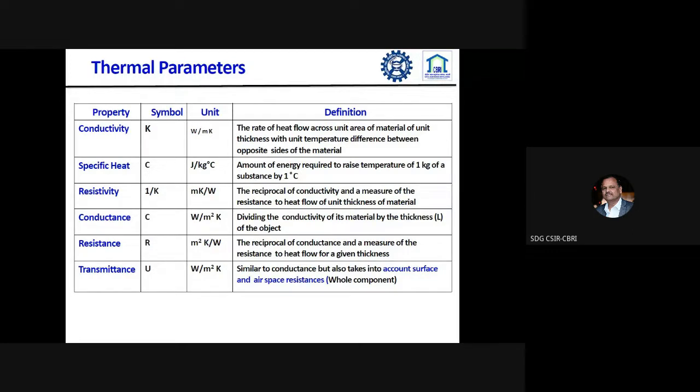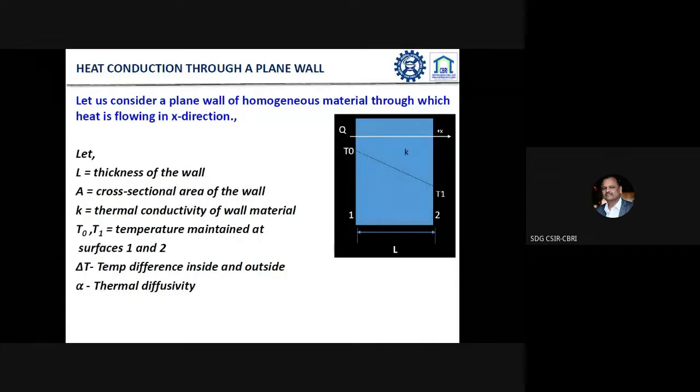For that, there is another quantity with which we can find out the heat flow, that is the thermal transmittance, which is similar to conductance but also takes into account the surfaces, that means the different layers, and also the airspace. If any envelope consists of an airspace, that is also taken care of in the thermal transmittance. So in order to find out the heat gain, we generally calculate in the steady state with respect to the thermal transmittance.